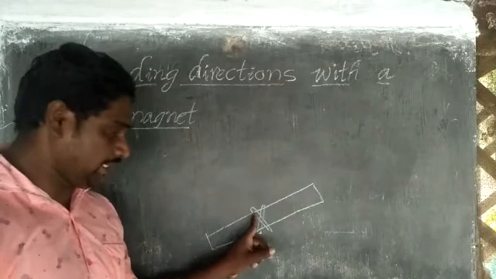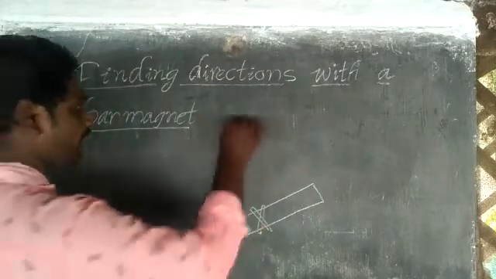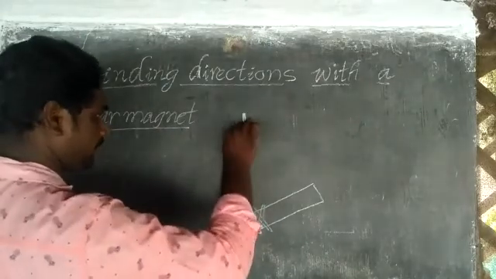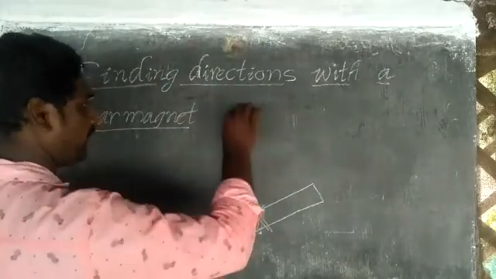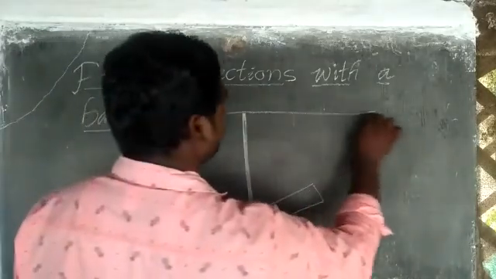Here, this thread is tied around the center. After this, the bar magnet is freely suspended from a retort stand.